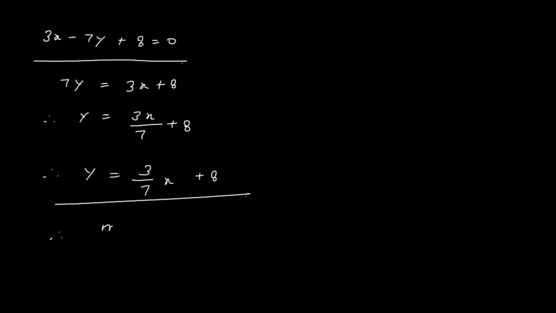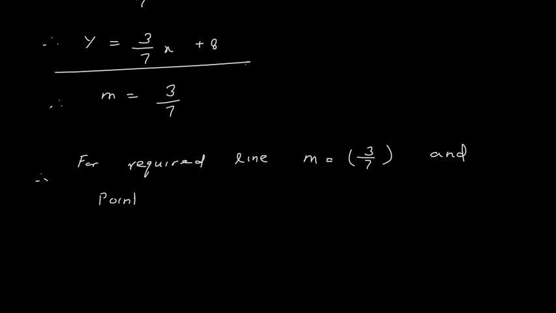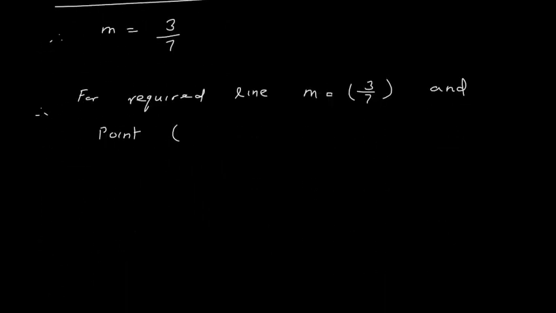Therefore m is 3/7. So for the required line, slope m is 3/7 and the point is (2, 0).